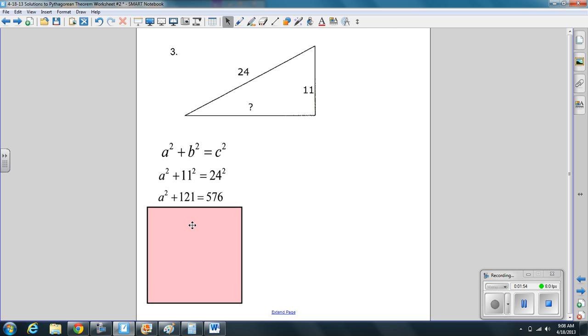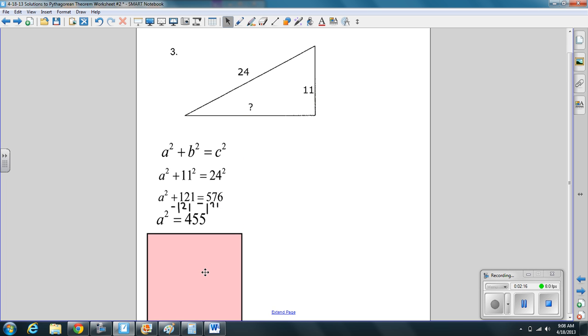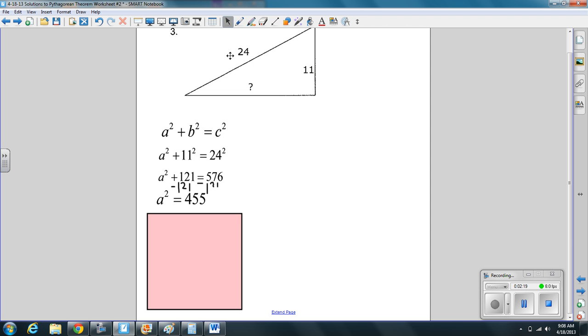And what we do now is we take the square of 11, which is 121, and the square of 24 is 576. From here, you want to subtract 121 to both sides. Okay, and when you do that, you get a squared is equal to 455.